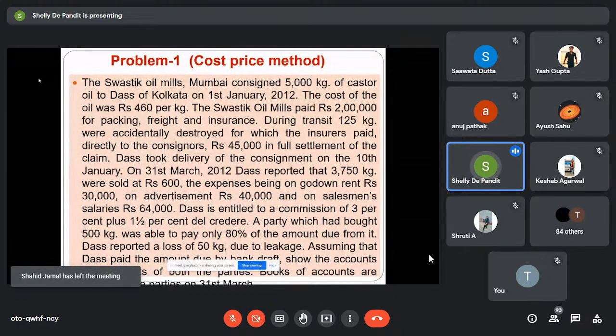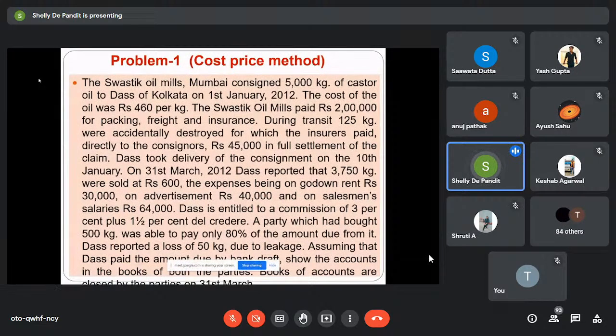During transit, 125 kgs were accidentally destroyed, for which the insurers paid directly to the consignor rupees 45,000 in full settlement of the claim. So it is another kind of thing, that an accident happened. You are getting the insurance policy amount from the insurer. So we have to understand this adjustment. Just remember, accident coverage received from insurer.